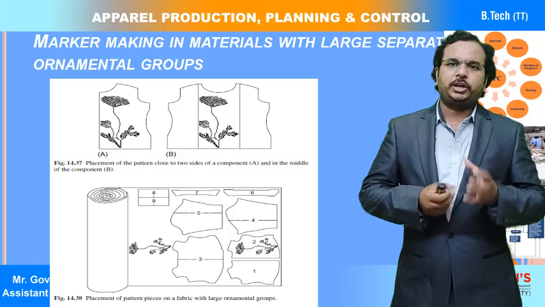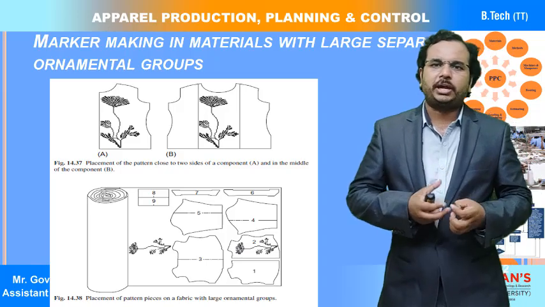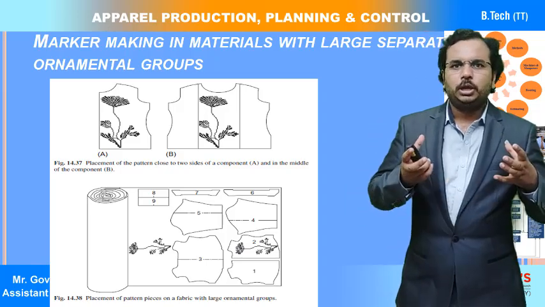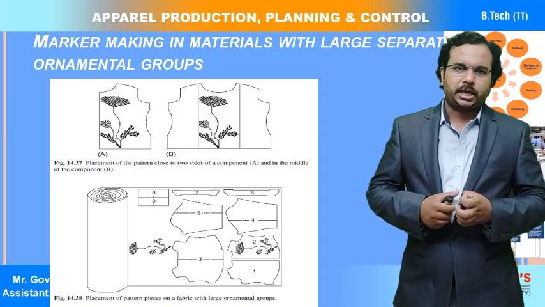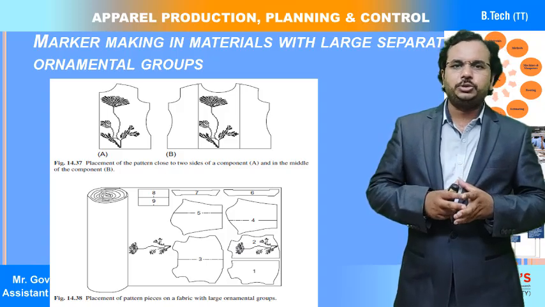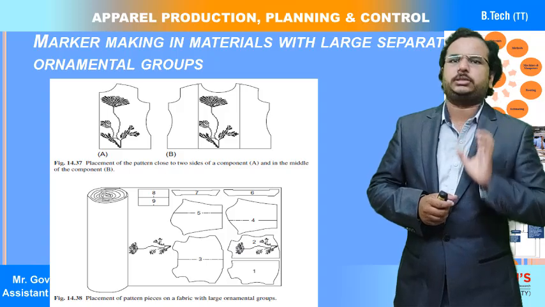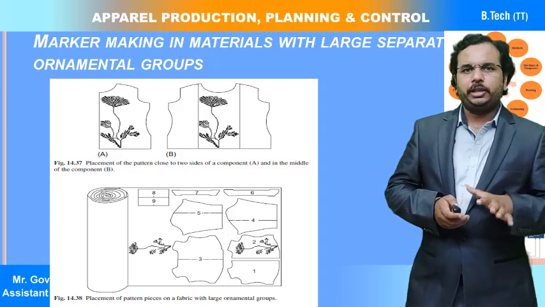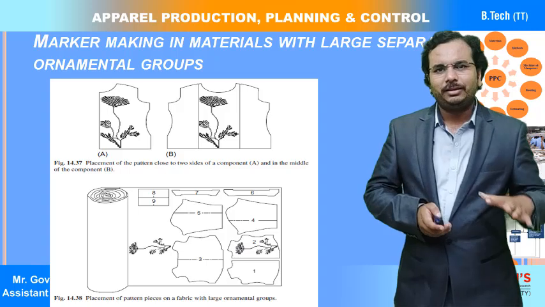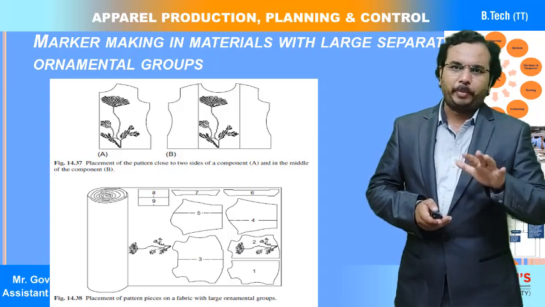In that case, they see which pattern or component has to have the printed design, and that particular component is placed in the particular place. Then the remaining place can be utilized for the remaining components or patterns.